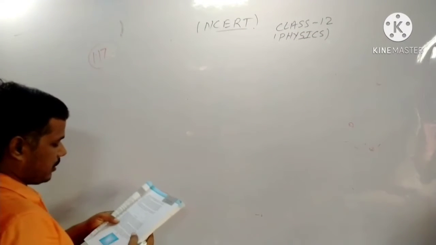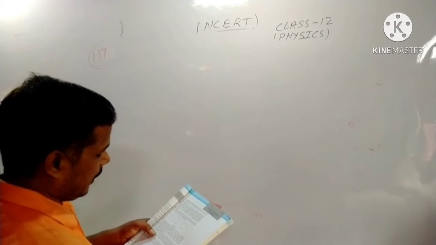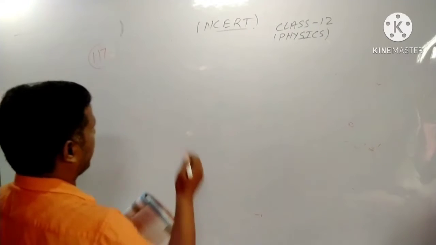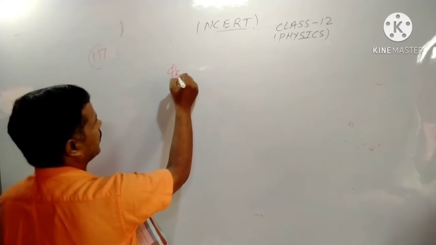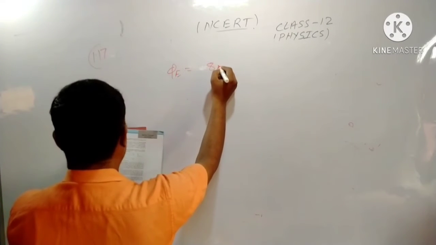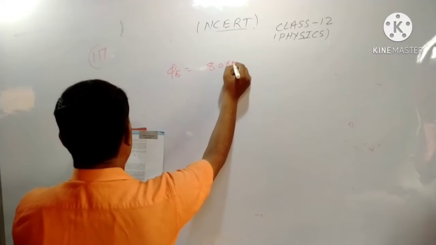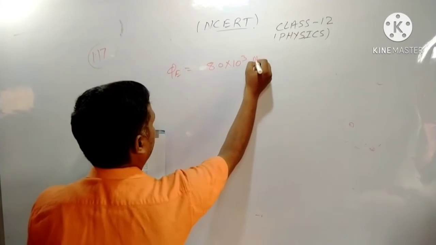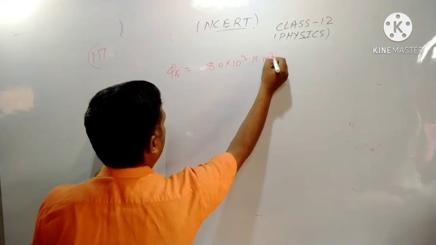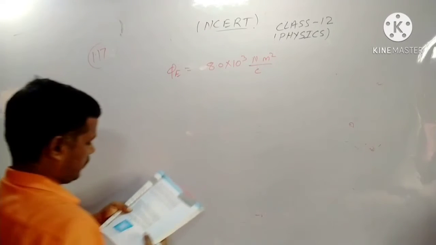Look at question number 1.17, it says here electric flux phi is equal to 8.0 into 10 power 3 Newton meter square by coulomb.